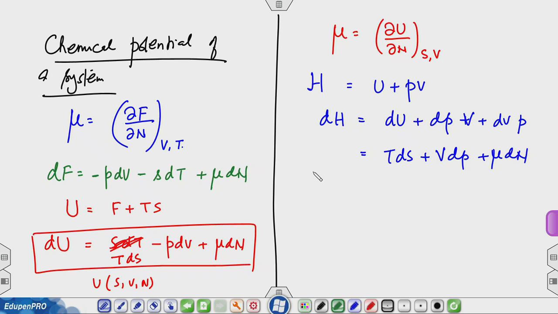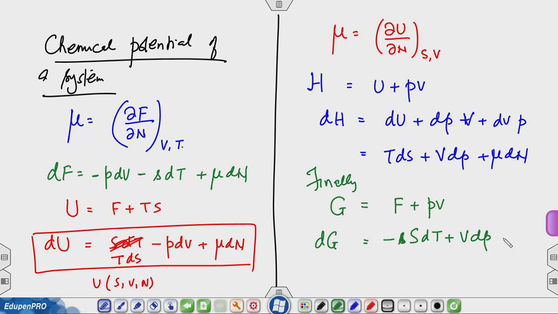And finally, the Gibbs energy G, which is F plus PV, and therefore dG comes out to be minus S, I should write capital S, dT plus V dP plus mu dN.